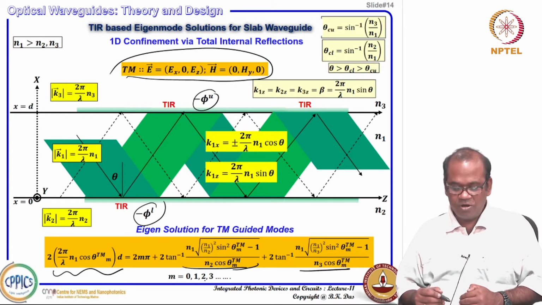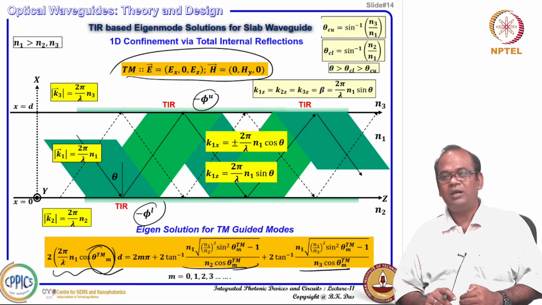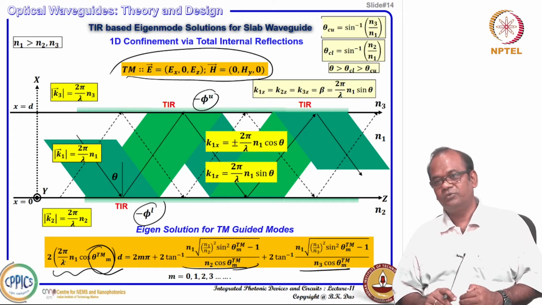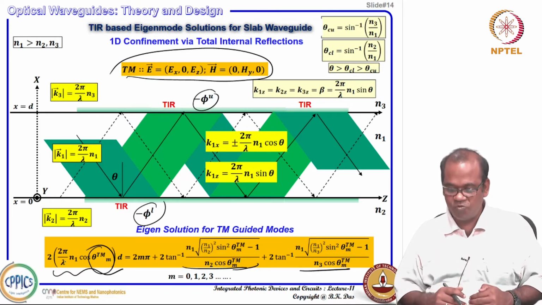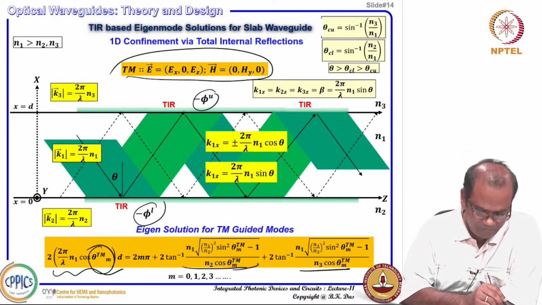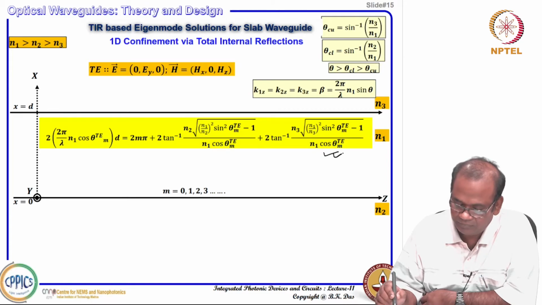Good. So, now we know which particular theta values satisfy the condition to create a standing wave along x direction, and that will be considered as a mode. So, what is next then? Now I have written that thing. Okay.